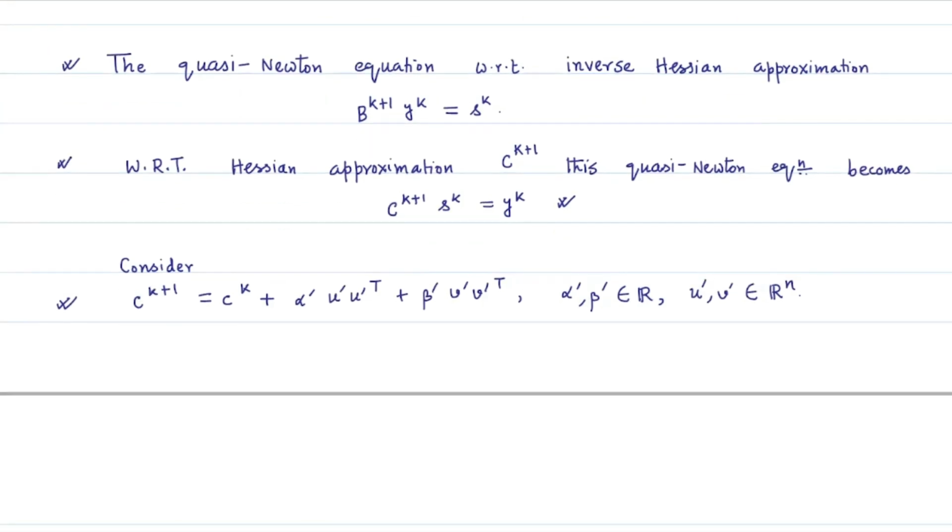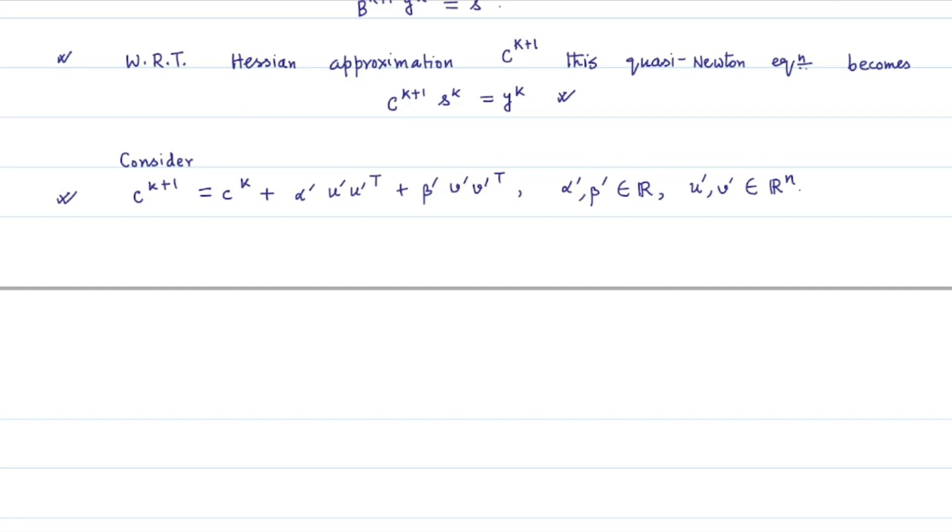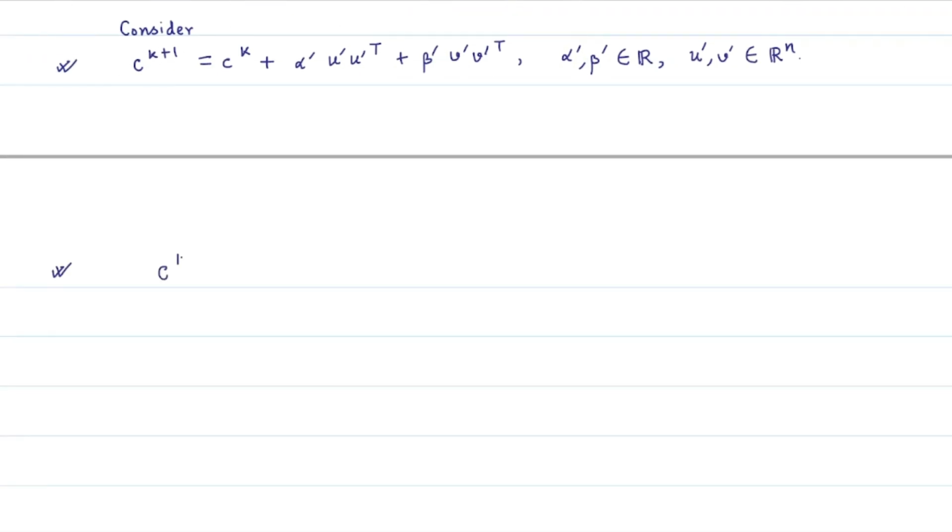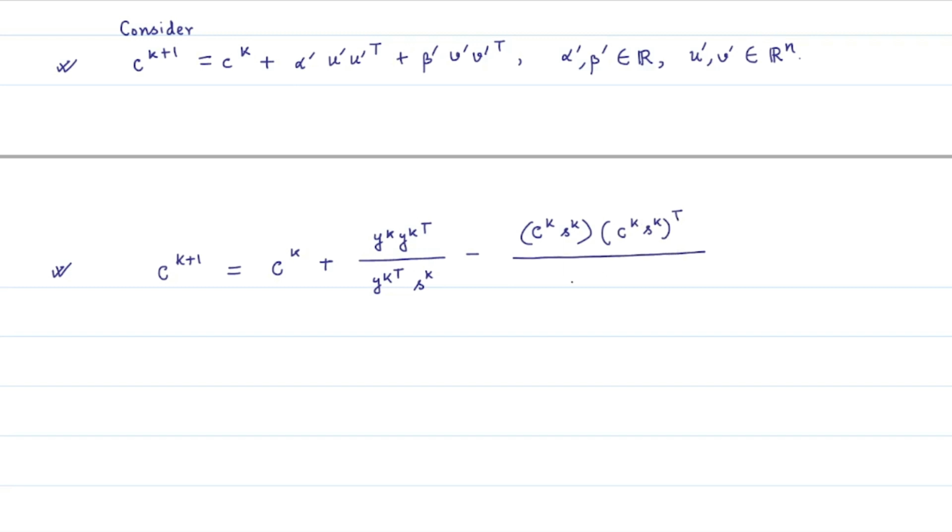So we get here a similar derivation of the DFP method, and the expression for Ck plus 1 is given by Ck plus yk yk transpose divided by yk transpose sk minus Ck sk sk transpose Ck divided by sk transpose Ck sk.